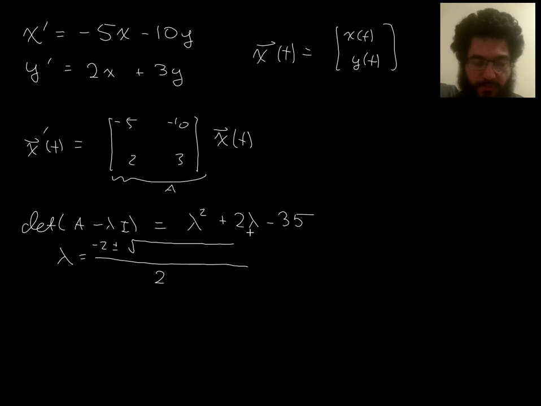And what's under the square root? 4, minus 4 times 35. Actually, it's a minus 35 here. And what's under the square root does not look negative. So I must have done something wrong.